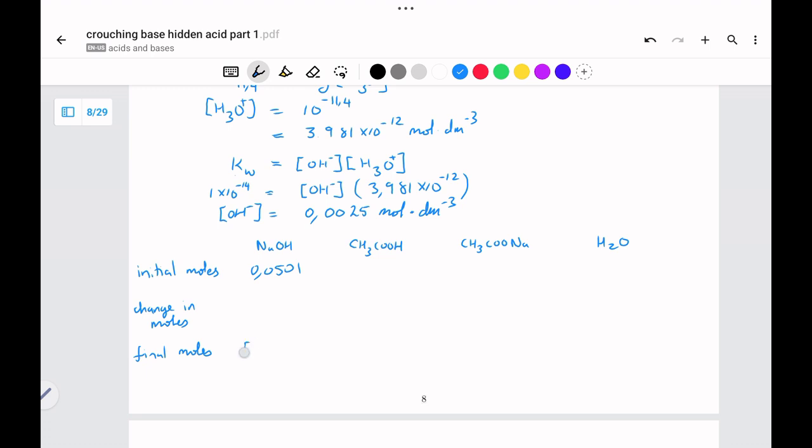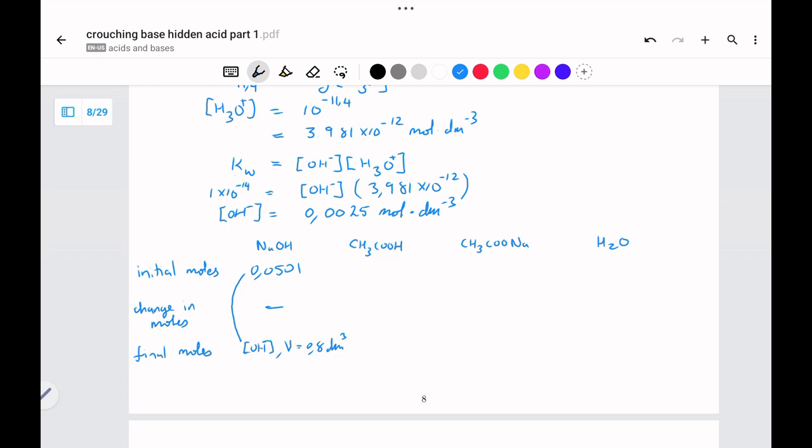So I have the OH minus ion concentration, and I have that the volume is 800 cubic centimeters or 0.8 cubic decimeters. So in principle I can find this number, the moles final. Once I get the moles final, I take the difference between these two to give me the change in moles.